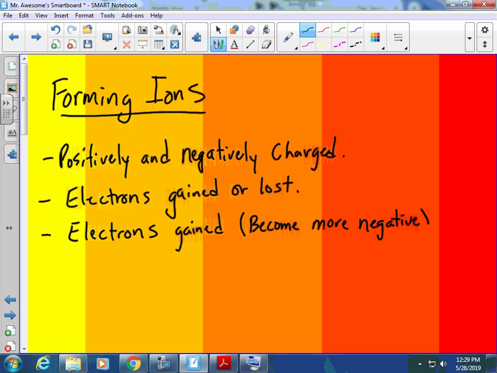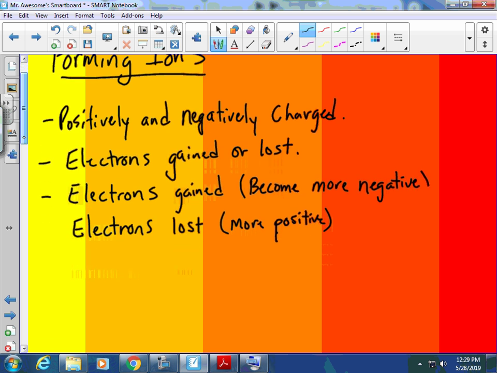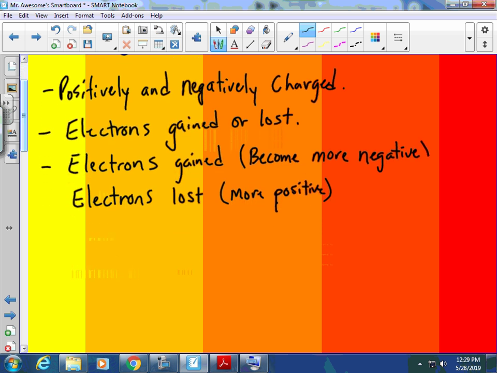And if electrons are lost, then it's going to become less negative, or I should say, more positive. All right? So I'm going to pause here for a second. I'm going to give you the sheet about forming ions. We are going to turn it in for credit, but we're going to do a couple of examples together from it.